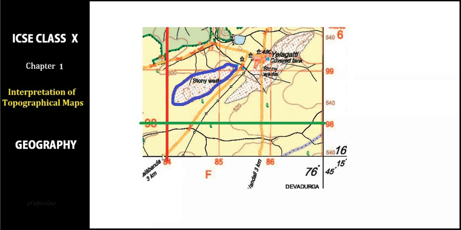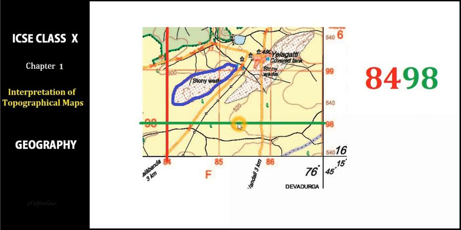So this value is 84 and this value is 98. So the 4-figure reference of the stony waste is 84, 98, right? In this way we can locate any place.